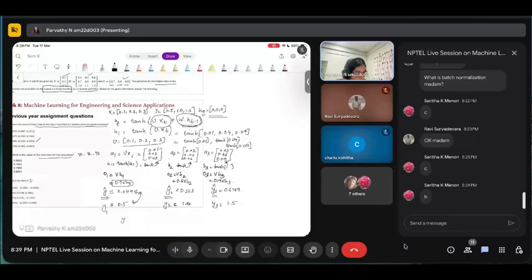So y minus y hat the whole square, 1 by 2 sigma times y minus y hat, where i goes from 1 to 3.